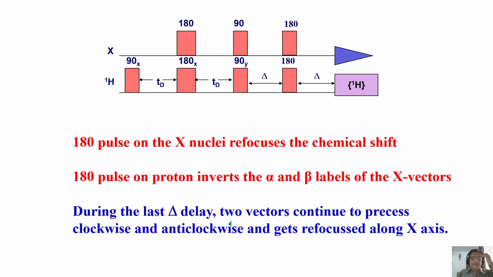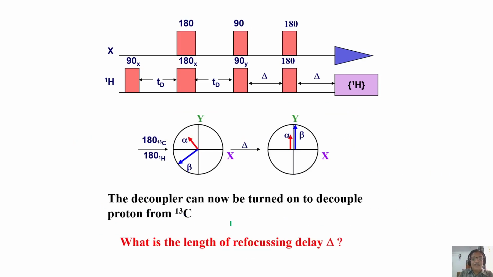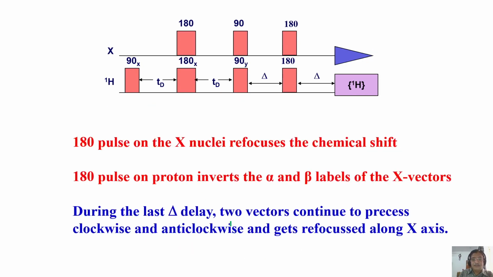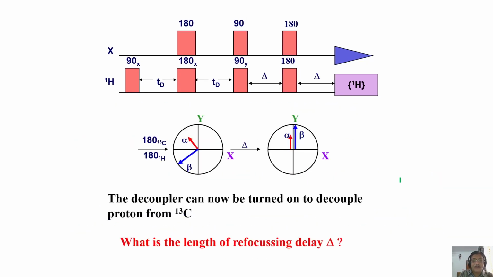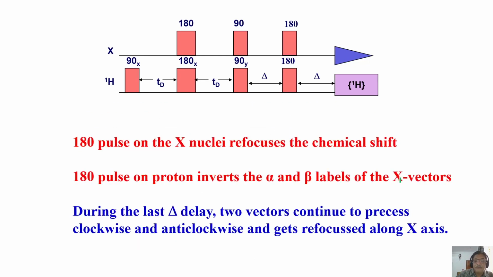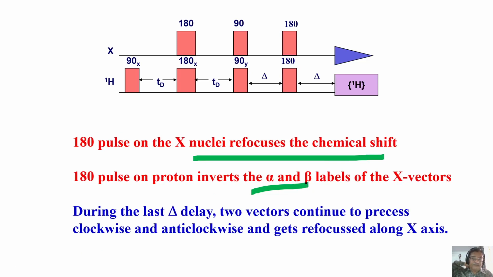And the 180 pulse on the X nuclei refocuses the chemical shift, and the 180 pulse on the proton inverts the alpha and beta spin labels of the X vectors. See? This started acquiring the phase, and after some time the 180 pulse on the X nuclei refocuses the chemical shift, and with the proton pulse the labels get interchanged.